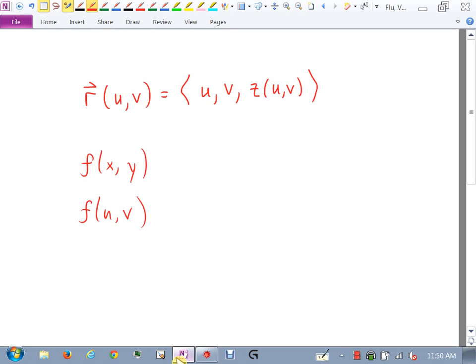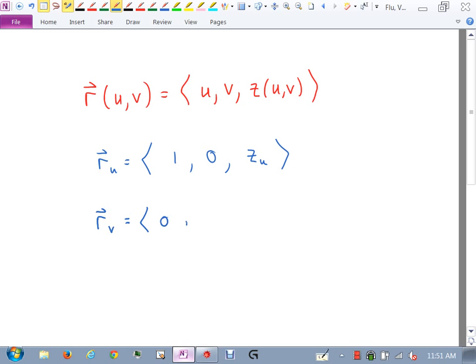Go back to this. If I say find the partial of r with respect to u here, what would you get? With respect to u, 1, 0, and then whatever the partial of z with respect to u is. I don't know that, do I? And then over here, what's the partial of r with respect to v?